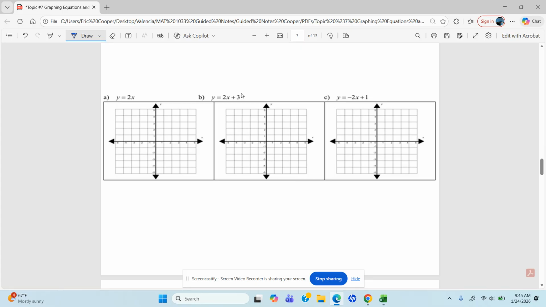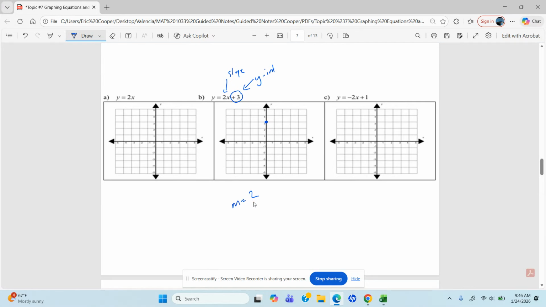Y equals 2x plus 3. So the first thing I notice is that 3 is the y-intercept. This is my starting location. So it's a positive 3. I'm going to start 3 up from the origin. 1, 2, and 3. I'll put my first dot there. The 2 is my slope.